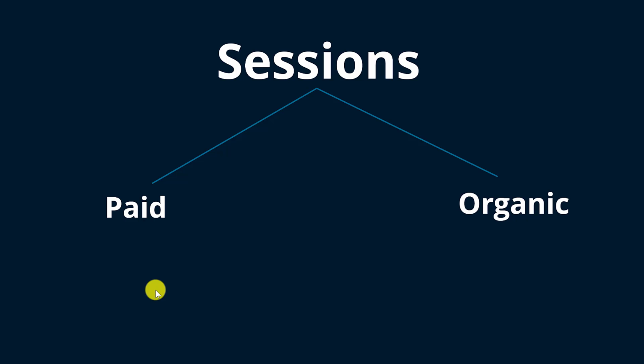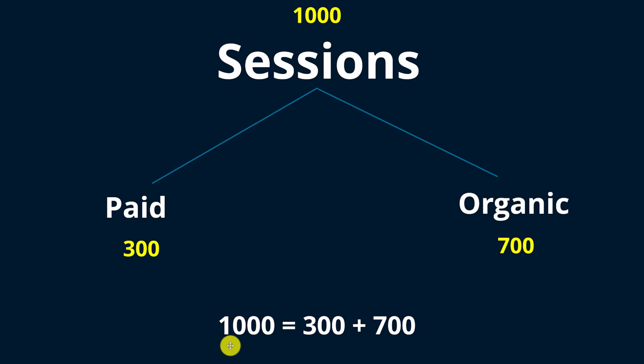There's something called a paid session, and then there's something called an organic session. Again, paid and organic. If I do the math and there is 1,000 sessions, then 300 can come from paid and 700 can come from organic. In a perfect math equation, 1,000 equals 300 plus 700.